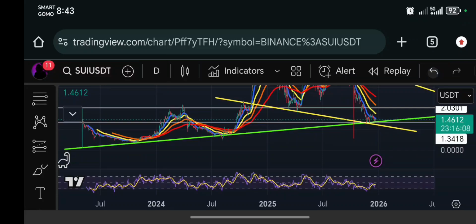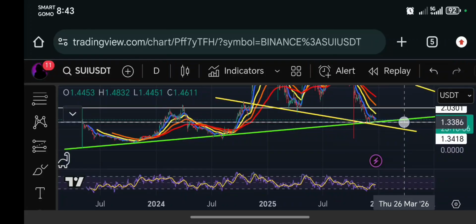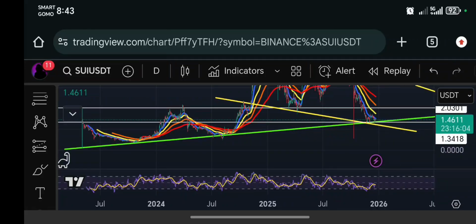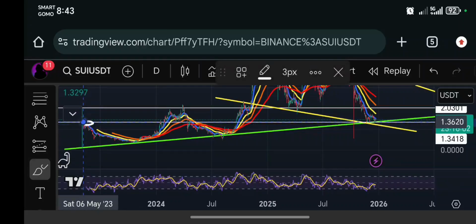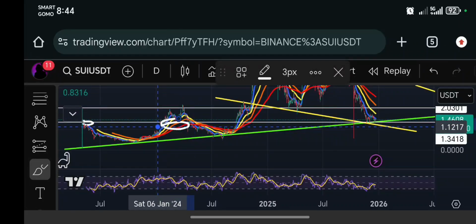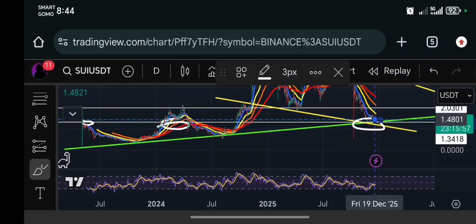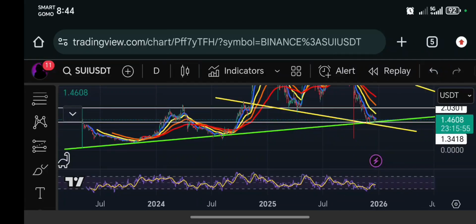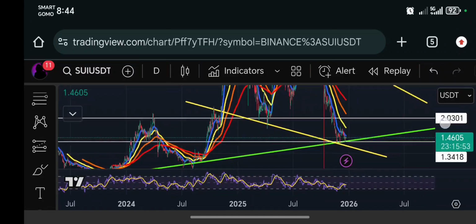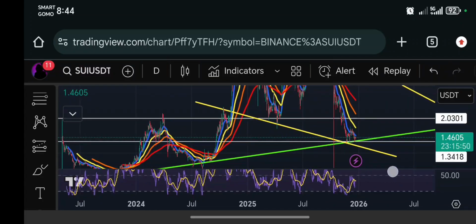Okay, also this support line here aligns with this resistance, this support, all right, and another support. So I do think that Sui will hold this line.